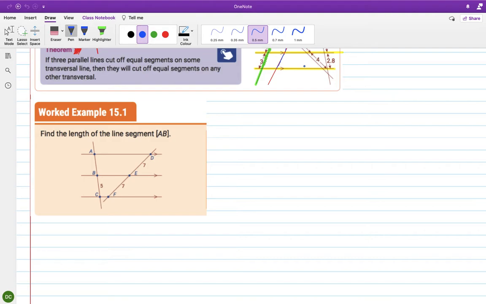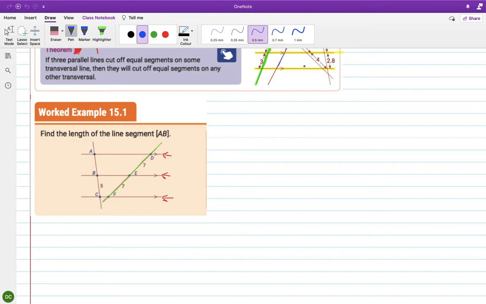3 parallel lines. Okay? And then here, there, I have a transversal.